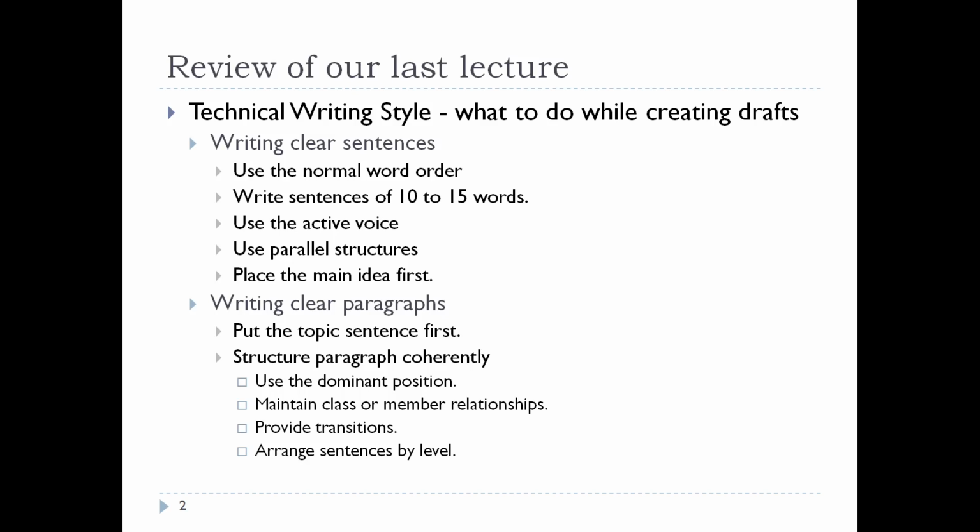The second thing is we should write sentences that are neither too small nor too big. But this range, whether it should be 10 to 15 words or 12 to 24 words or something like that, varies. In different settings you would find variation in these recommended limits.